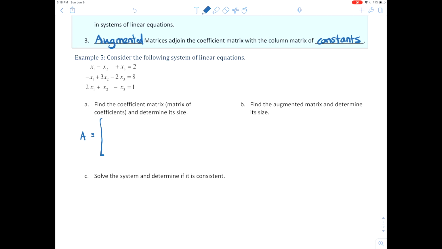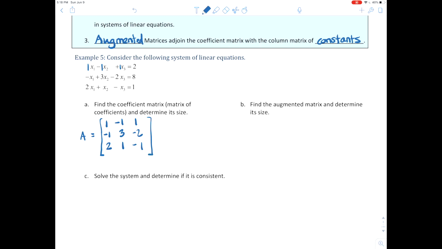So do you see this is like a 1x1 minus 1x2 plus 1x3, etc. So we would have 1, negative 1, positive 1, and then negative 1, positive 3, and negative 2. And then positive 2, positive 1, and negative 1. So this is our coefficient matrix.